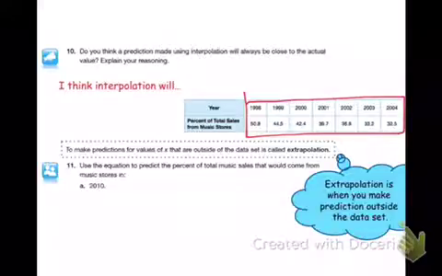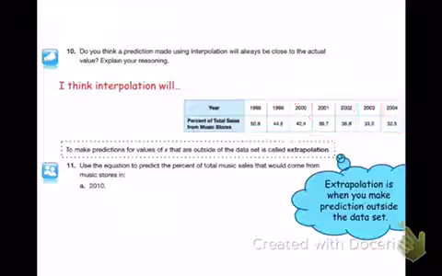That's where my data is located. So the predictions I made earlier were for the year 2000 and 2003, I believe. So those were both within the data set. Extrapolation would be to make predictions outside the data set. So after the year 2004 or before the year 1998, like 2010 or 1980. So that's what we're going to be doing next. We're going to be making some extrapolation predictions.